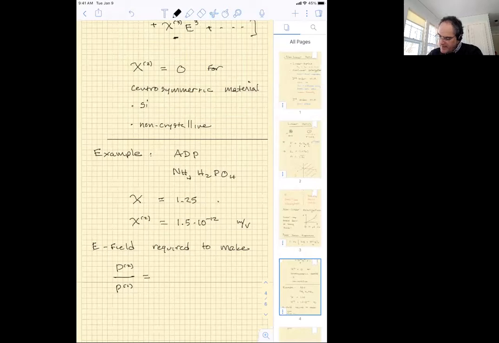Now, of course, the polarization due to the linear term is just epsilon naught times the susceptibility times the electric field. And the polarization due to the second order term is epsilon naught chi2 times the electric field squared. This is going to be equal to 0.01. And what I'd like you to do is to find the electric field that makes that true. And it should be kind of large. But hang on, and a reading question will pop up.